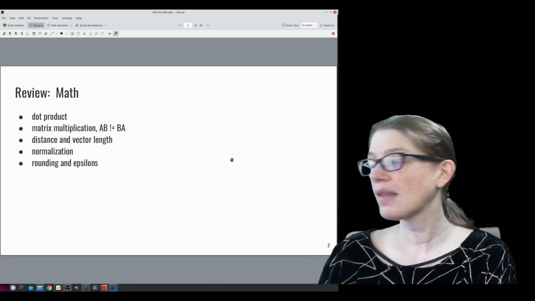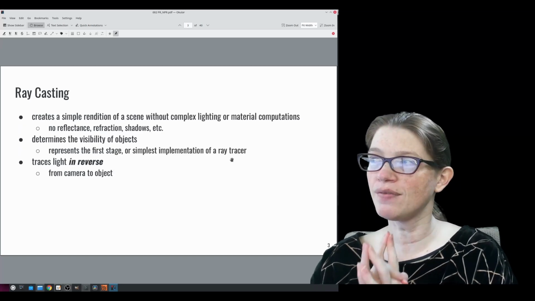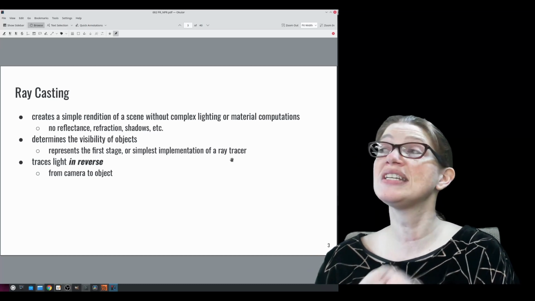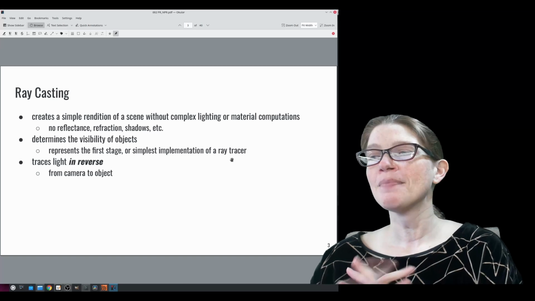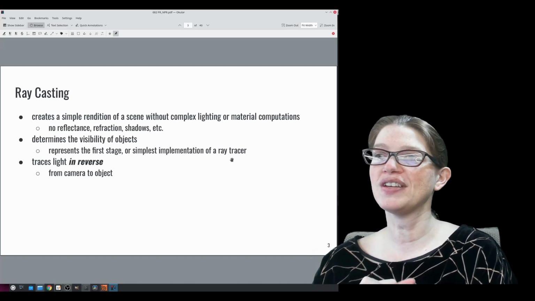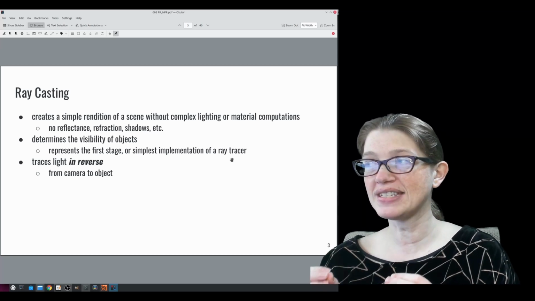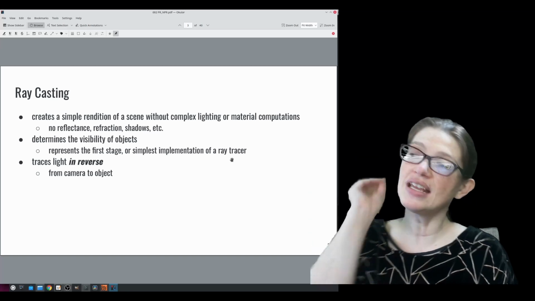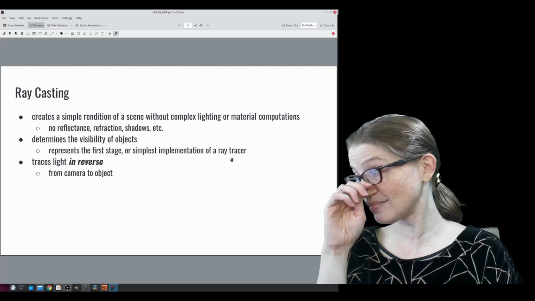All right. Now that we've gotten that math bit out of the way, we can talk about the concept of raycasting, which is the beginning of our rendering journey. You might remember it from one of your previous courses. It's really just a simple rendering of the scene where we send rays of light from the camera into the scene to see what you can see.